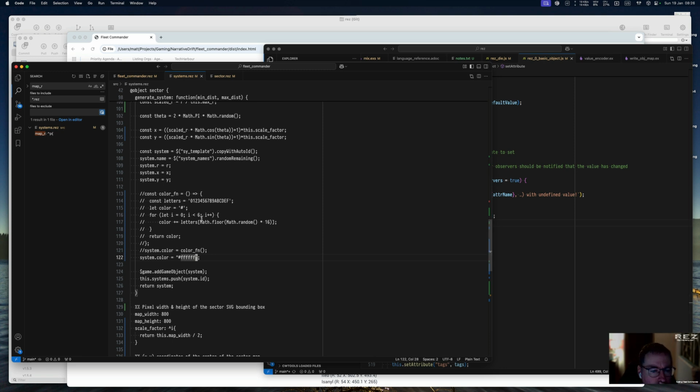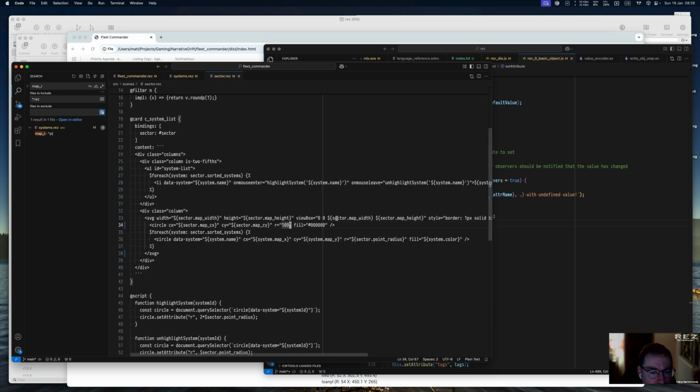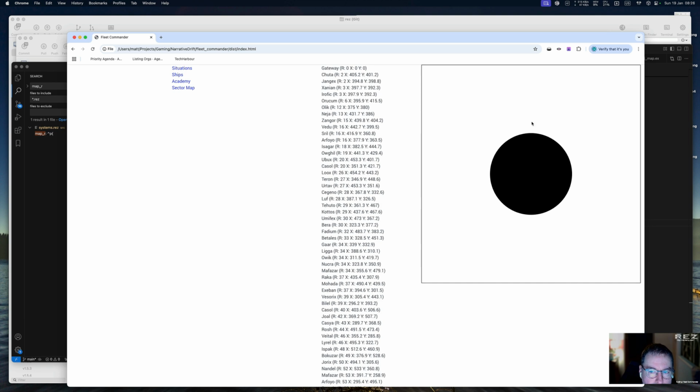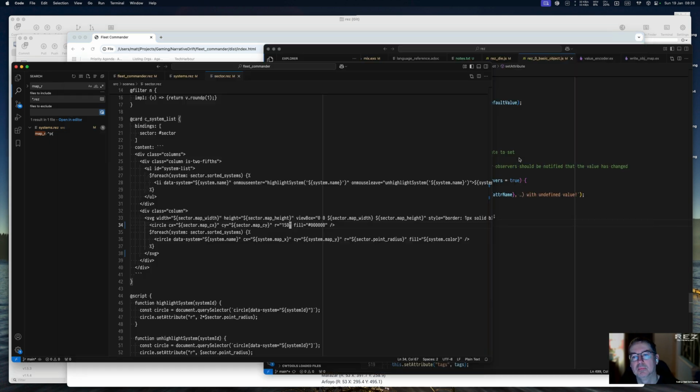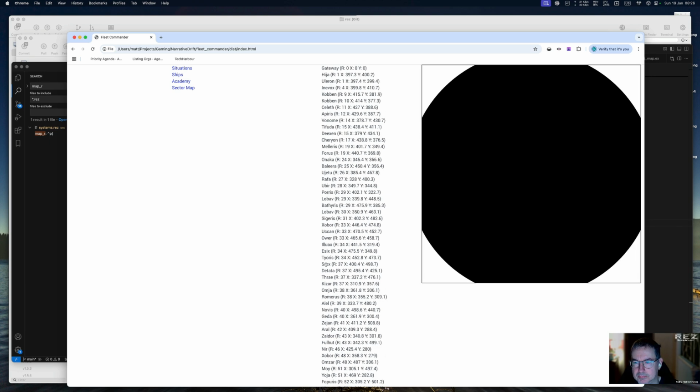So the issue here is to draw this bounding circle. We need to apply the scale factor. Now, by inspection, it looks to be about 3.